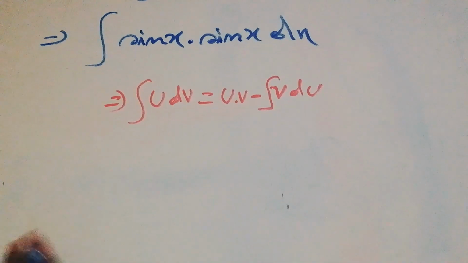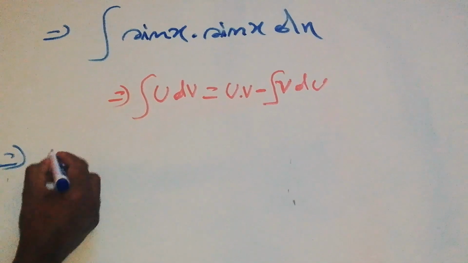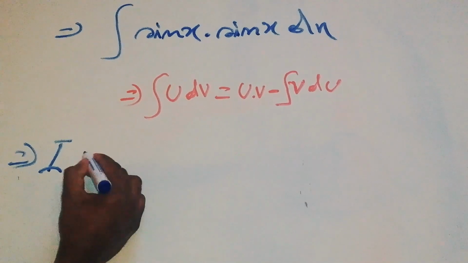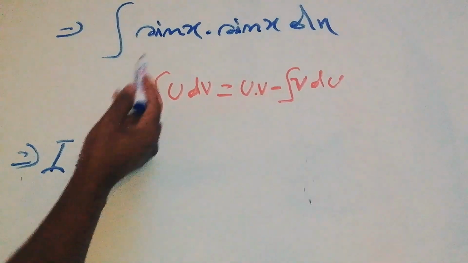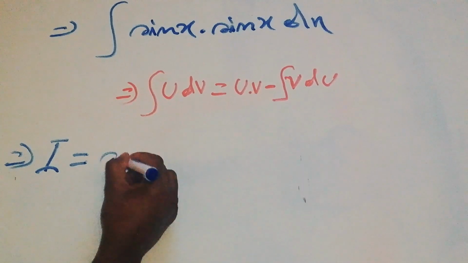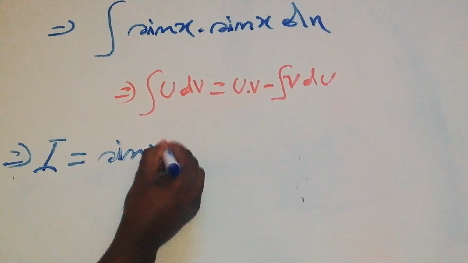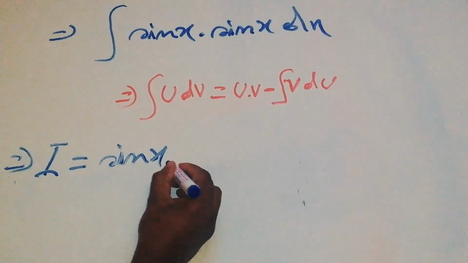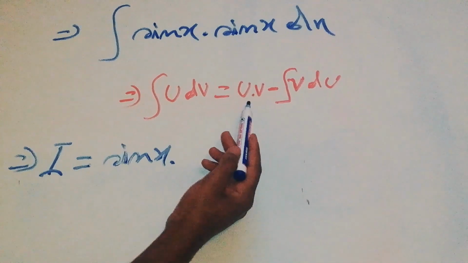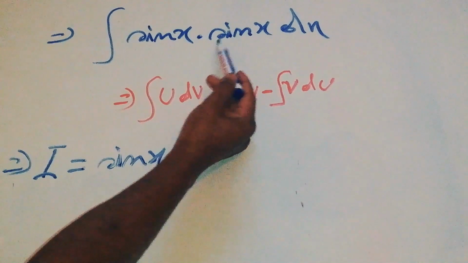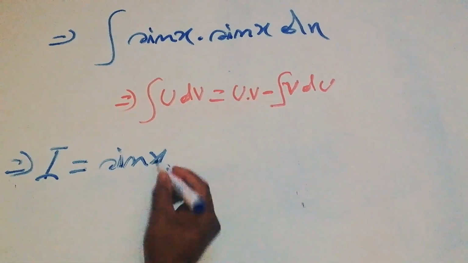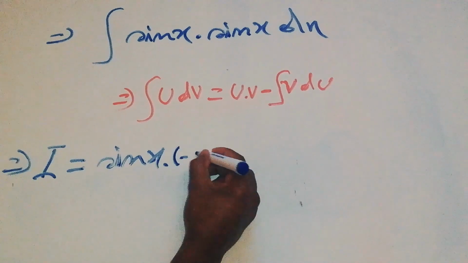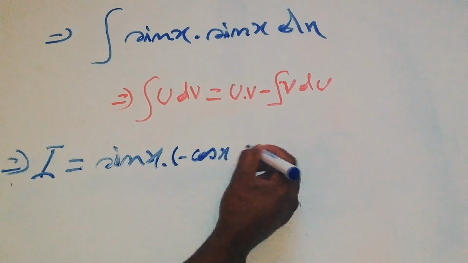Okay, so now our integral will be equal to u, which is our sin x, and our dv is sin x dx, and the integral of sin x dx is minus cos x.